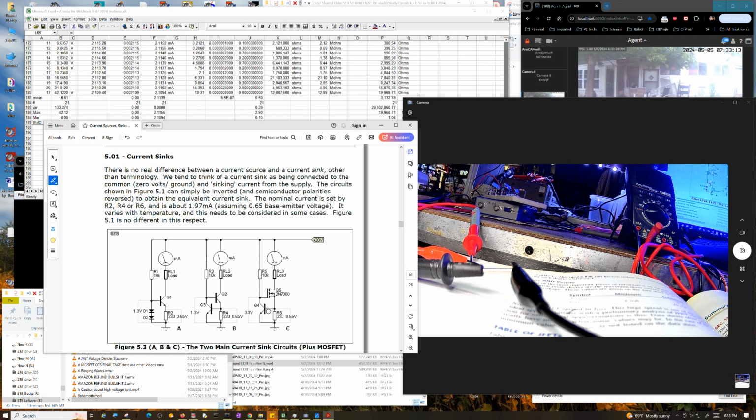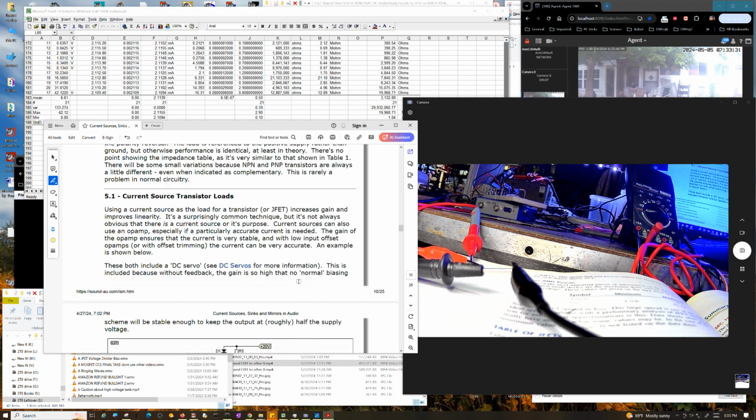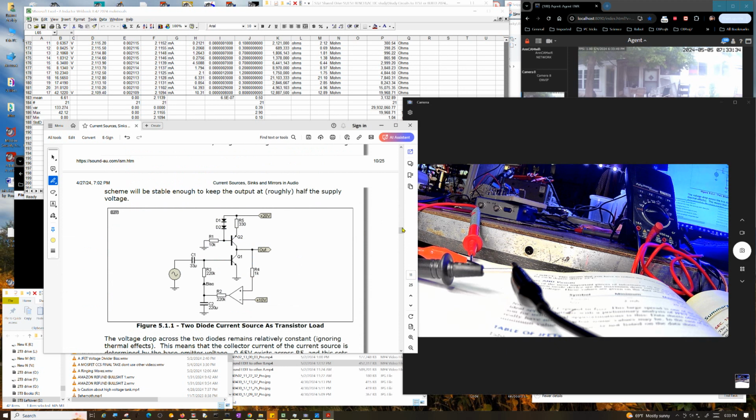That's what's interesting about bipolar transistors. They're real versatile because they can operate as a current control device or a voltage control device with the same effect. So that's basically how these constant current sources work. If you're wondering, you can probably experiment on Falstad and figure that out for yourself.